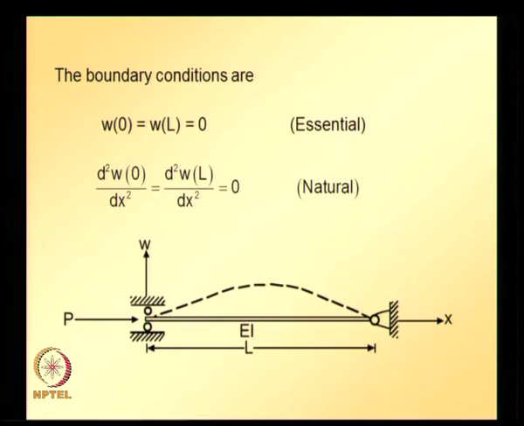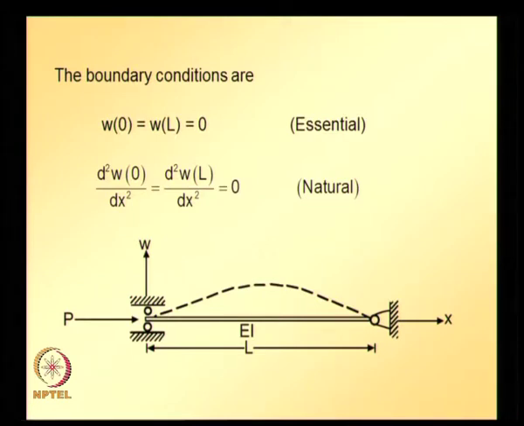You can easily recall the thumb rule that we discussed in the first classes. If a differential equation is of order 2p, those boundary conditions of order 0 to p minus 1 are essential, and those boundary conditions from p to 2p minus 1 are natural boundary conditions.